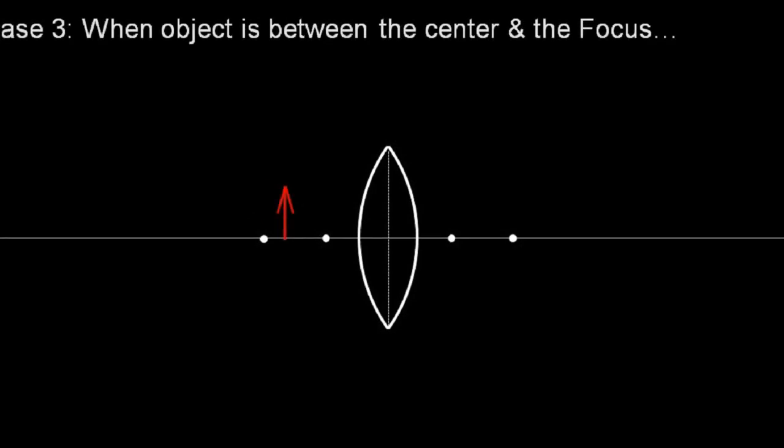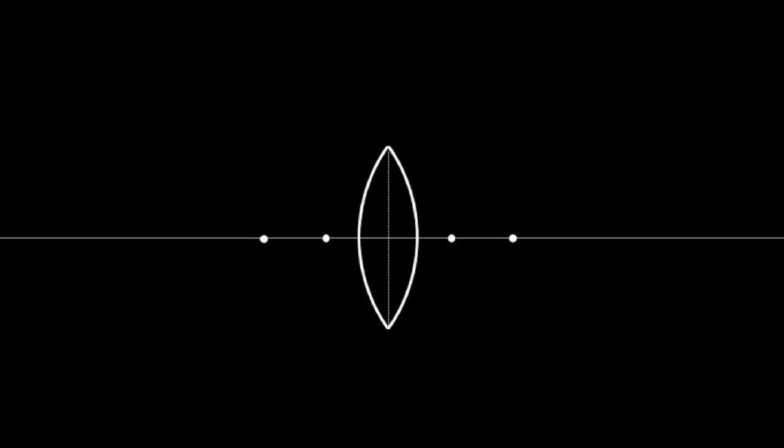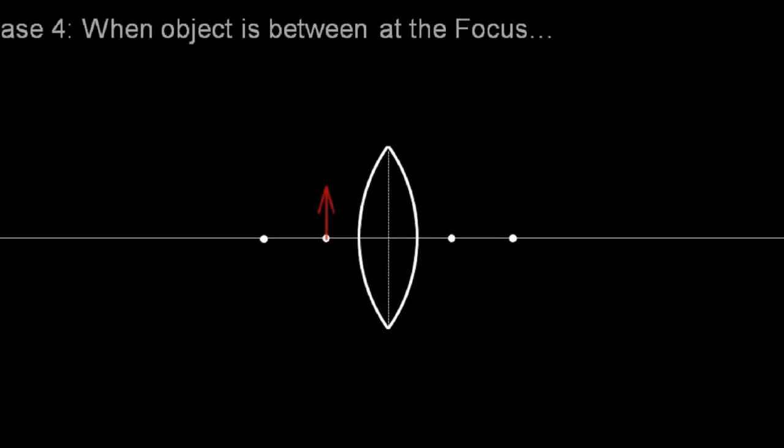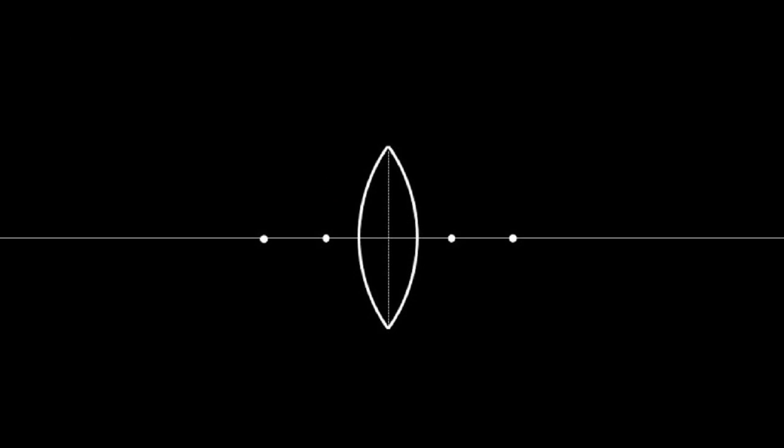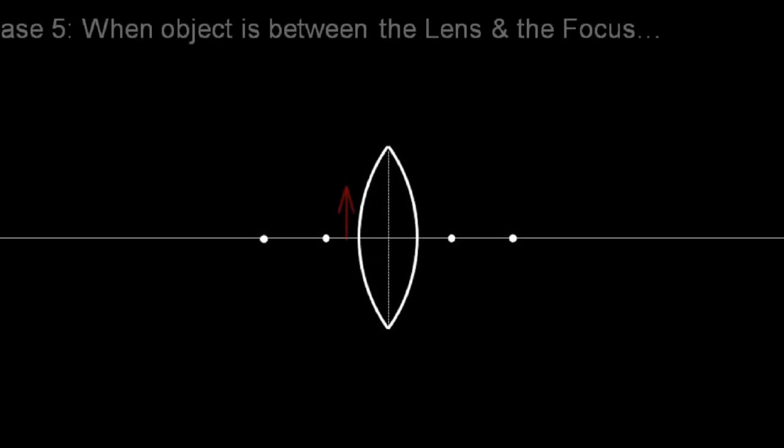In the third case, the object is located in between the center and the focus. In the fourth case, the object is right at the focus. And in the fifth case, the object is between the focus and the lens.